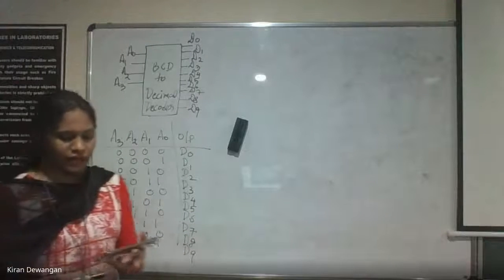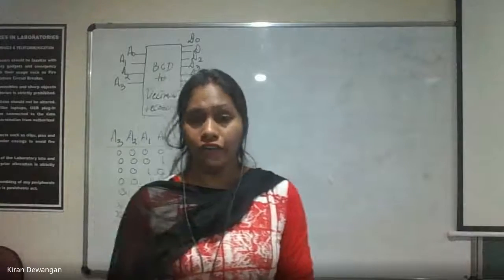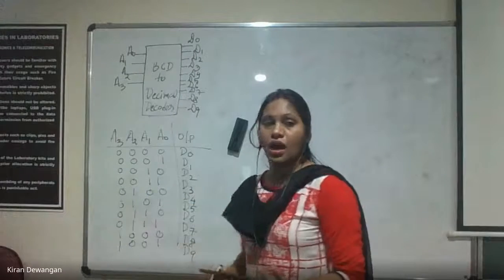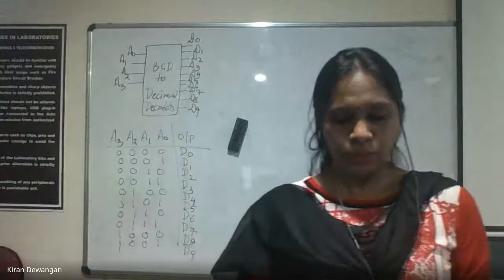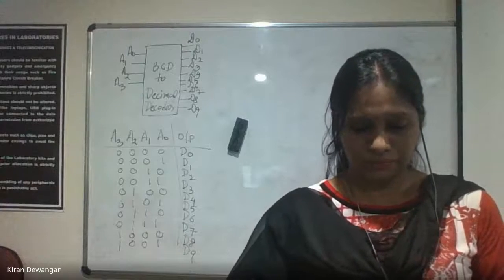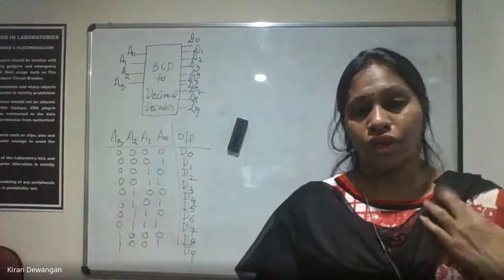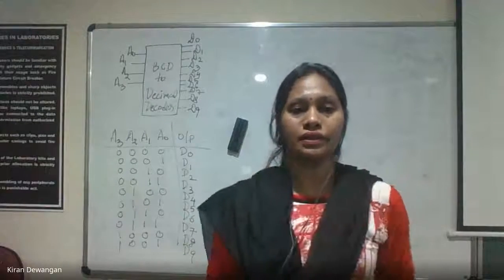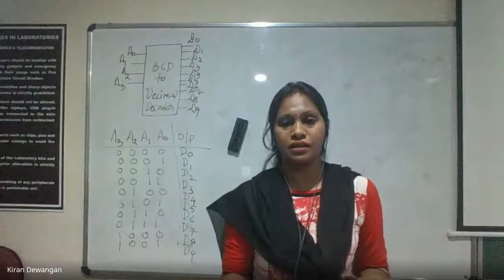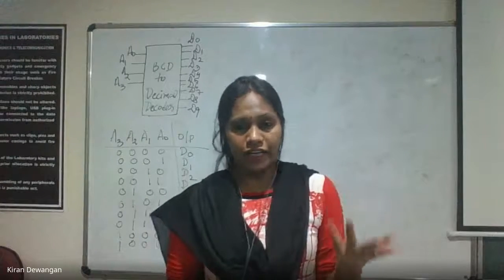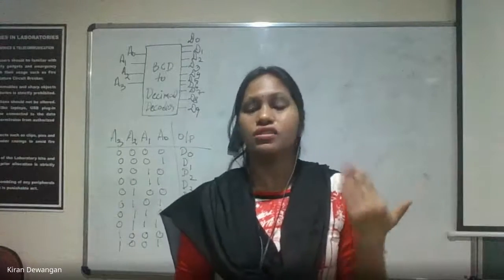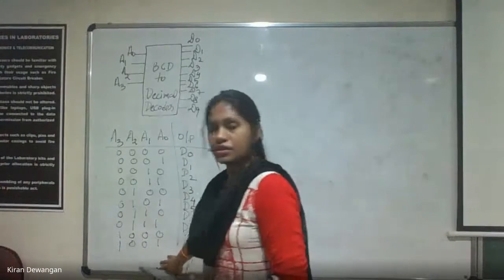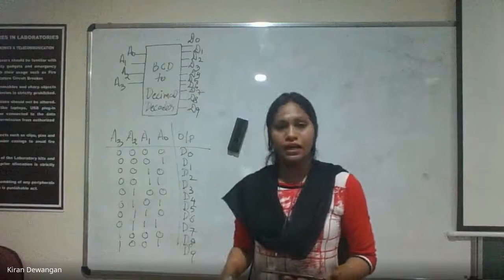Now, I have a question. If I give any other input combination apart from this, what will happen? Because with the 4 bits, how many input combinations are possible? We have illegal, that is correct, because BCD doesn't have these 6 codes which are known as illegal codes.